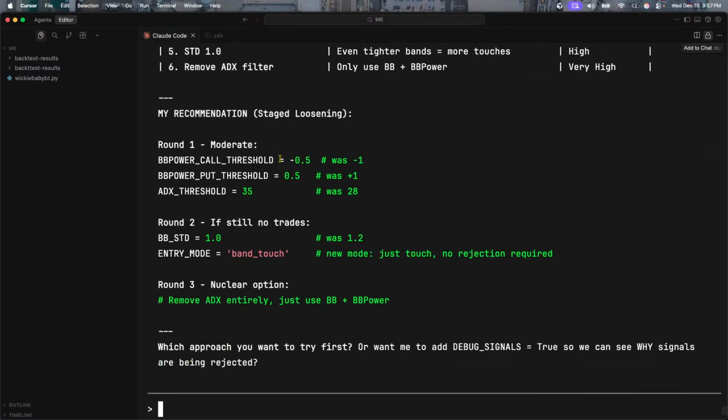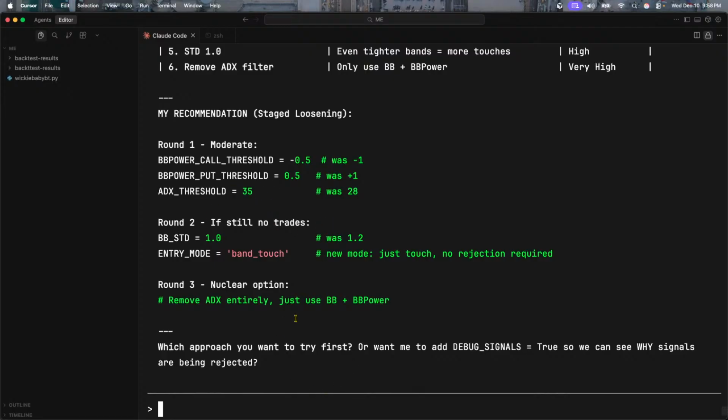Okay, recommendation: we're going to make this a little bit more aggressive. Instead of 28, we're going to go to 35. Anything less than 40, I'm okay with, because anything greater than 40 is letting you know you're going in a strong trend direction, and I don't want strong trends for mean reversion, because we want to snap back to the average. I don't want it to build up.